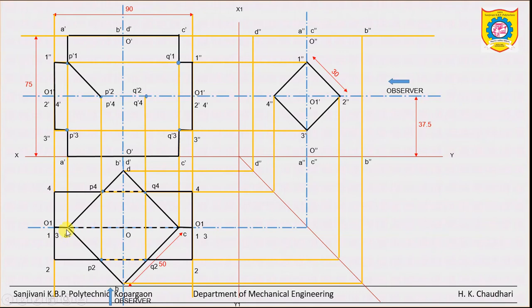Okay, point P1 and point Q1 are exactly on the top, and P3 and Q3 are on the bottom side. Here we can observe in the side view. Okay, 1 is at the top and 3 is at the bottom. So we have completed now this intersection.